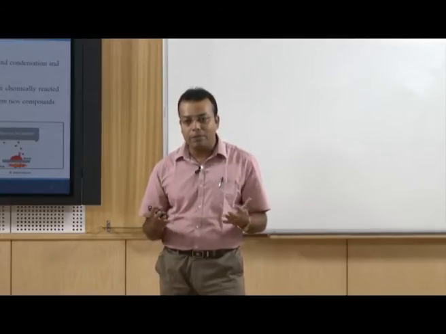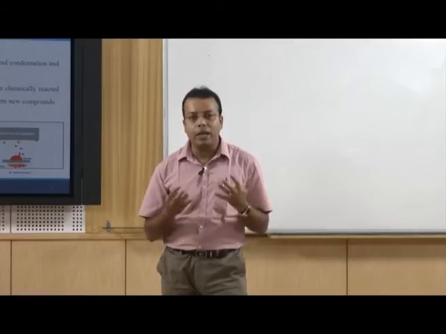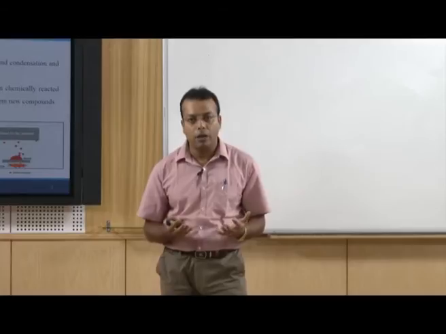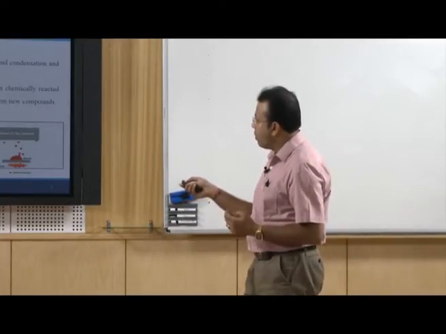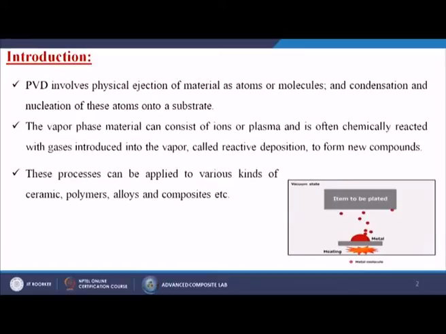So, in basic terms we are simply doing the coating by using atoms or molecules or plasma in vaporized conditions. The vapor phase material can consist of ions or plasma and is often chemically reacted with gases introduced into the vapor, called reactive deposition, to form new compounds.